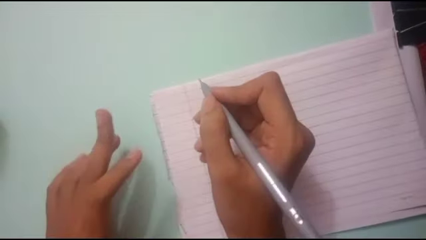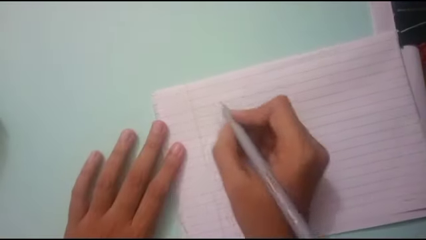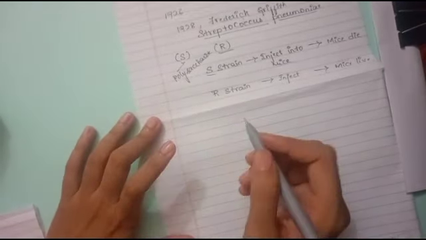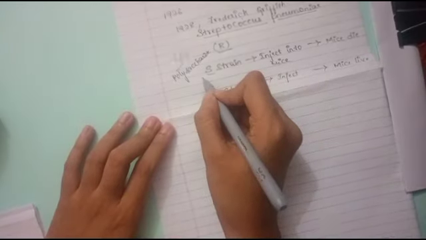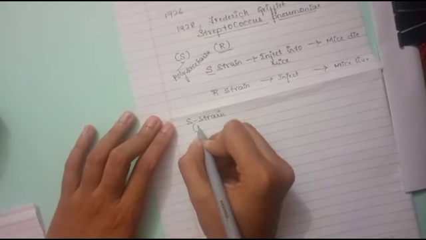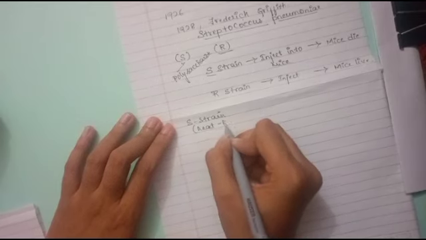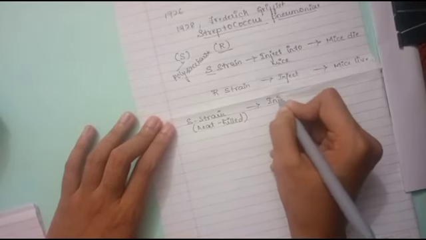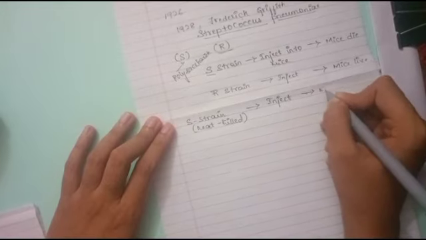In the same way, Griffith was able to kill the bacteria by heating them, that is the S strain. It is heat killed. That is injected into the mice, and the mice live.